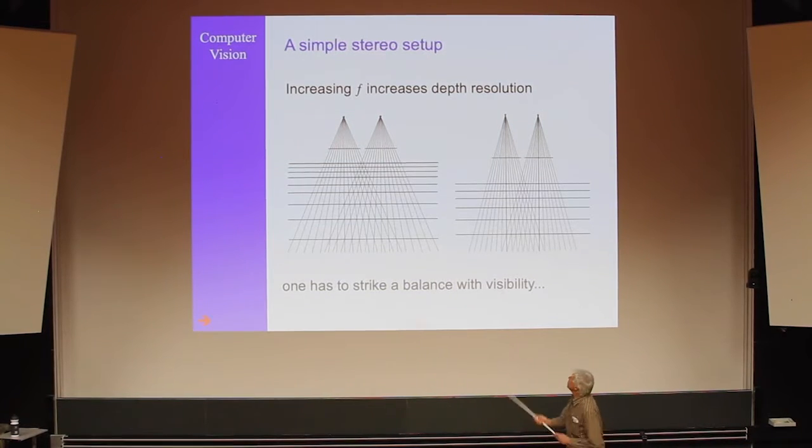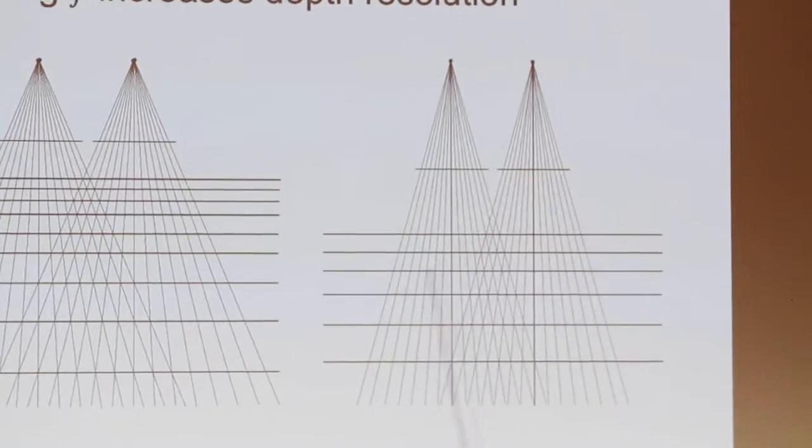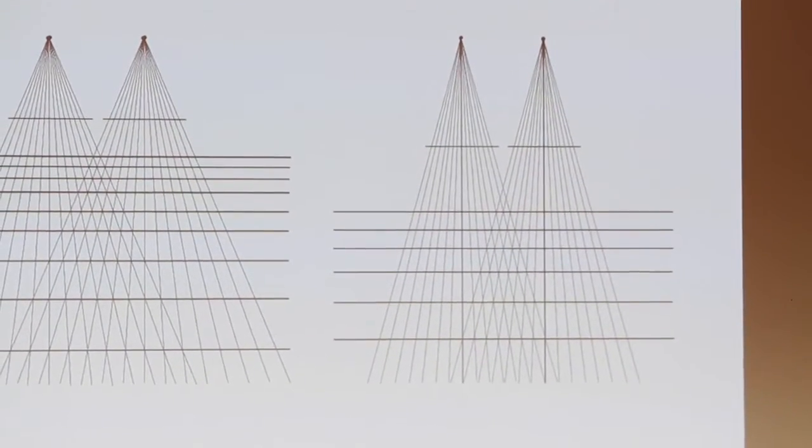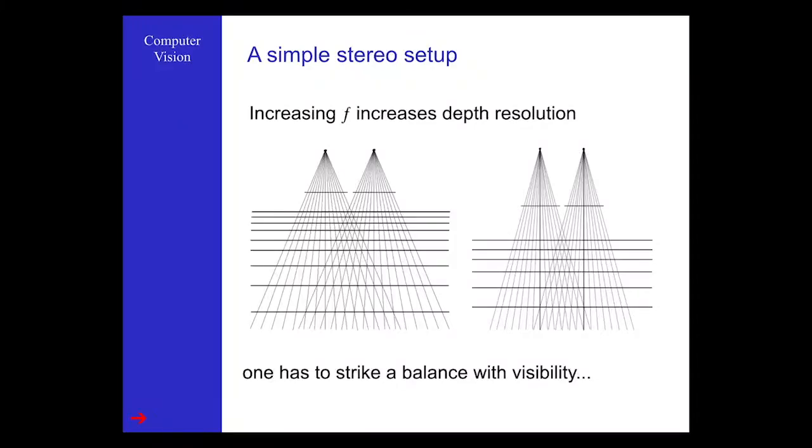So the distance between center of projection and those planes here is bigger. Same story, for similar depth we are now sampling more precisely, so we are increasing the precision of our depth measurement, but unfortunately, again, there are more points that have a projection in the two cameras here than we would have here. So we lose a part of the space in which we can no longer measure depth at all.